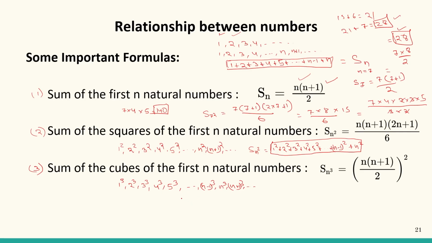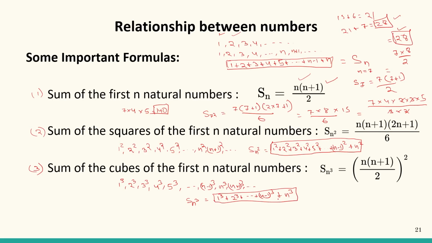So what we want to calculate is Sn cube: 1 cube plus 2 cube plus ... n minus 1's whole cube plus n cube.